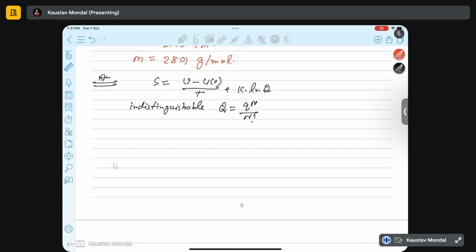From here the entropy is equal to (U minus U0) by T plus k ln (q^N by N factorial), which is equal to (U minus U0) by T plus k ln q^N minus k ln N factorial.